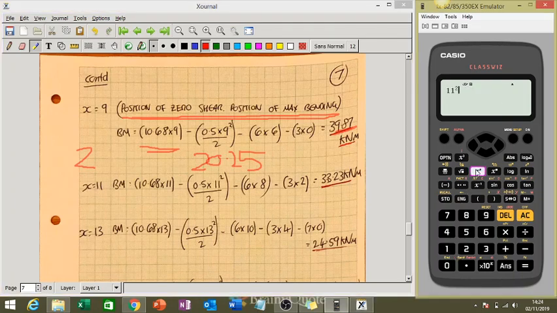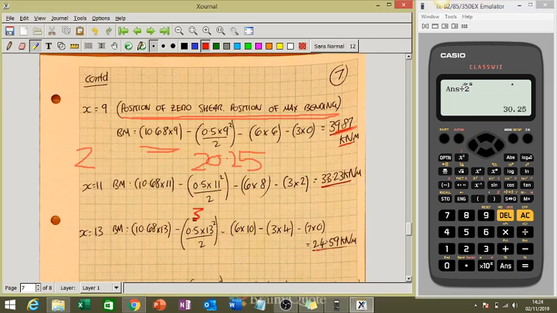11 squared times by 0.5 equals that, divided by 2 gives me 30.25.